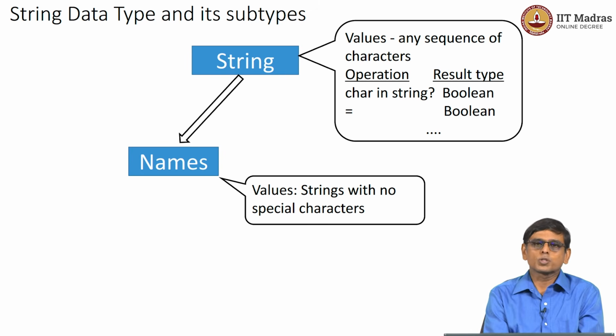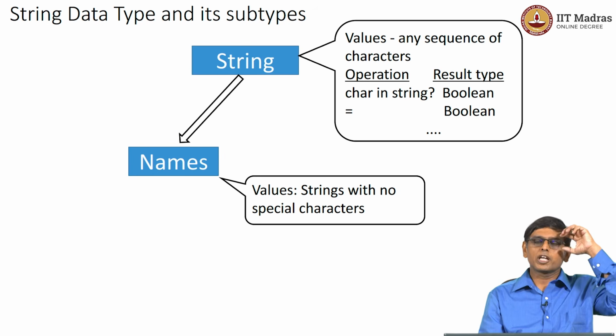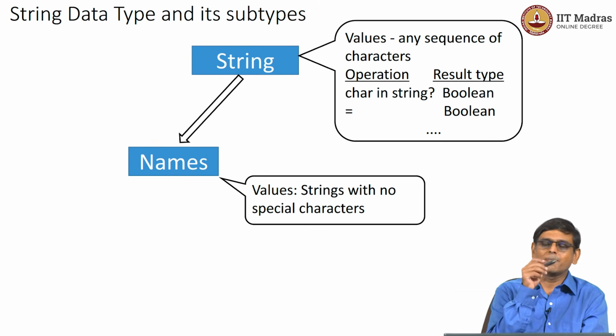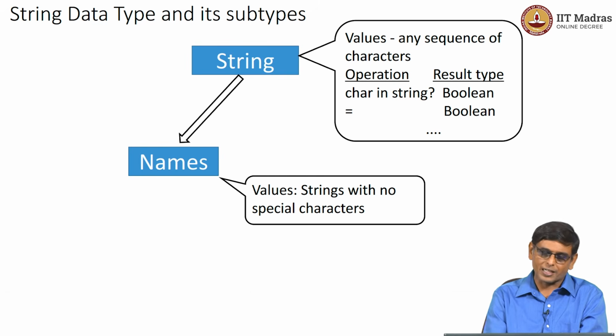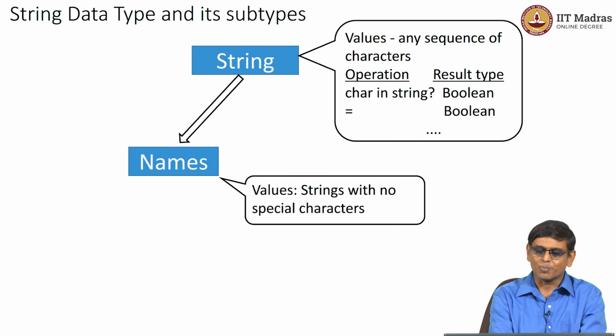Of course if you go to some European countries you might find letters having some annotations on top of them, but at least in India we do not have any special characters in the names, unless of course you want to write a name like Aditi R, and for the initial R you might want to put a full stop after the R. Some people do that, in which case you might allow the special character dot, full stop, in the name.